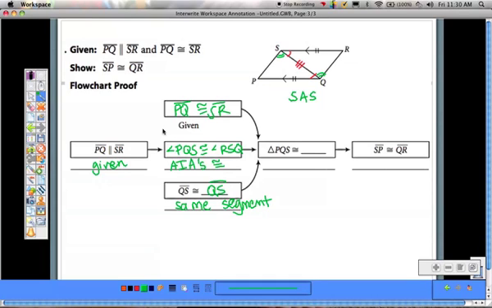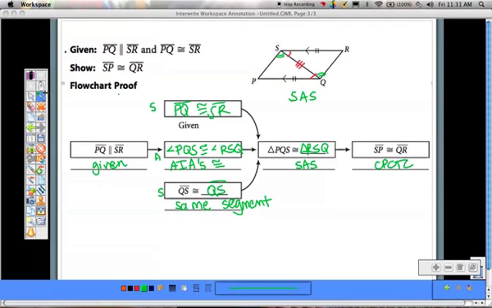Okay, so we have side, angle, side. We can show that PQS is congruent to RSQ by side, angle, side. And so then SP is congruent to QR by CPCTC.